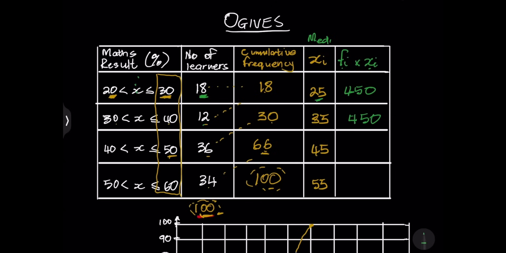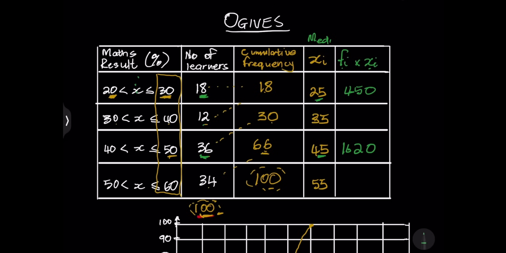Actually, let me just verify that. 12 times 35 is actually 420. Yeah, it's a good thing that I verified it.